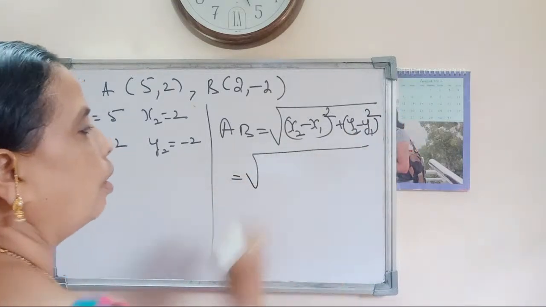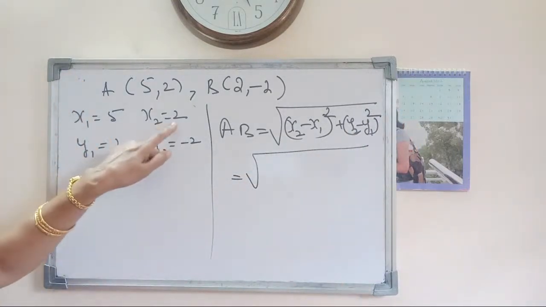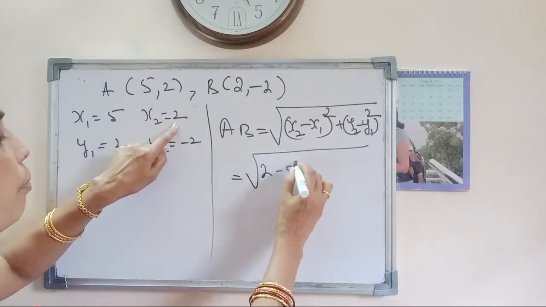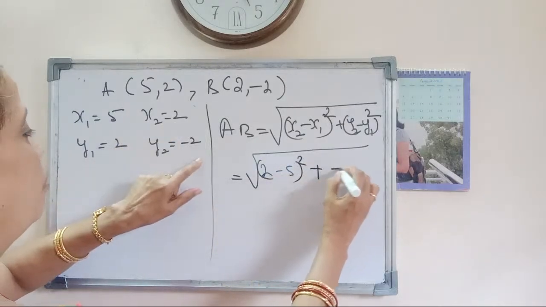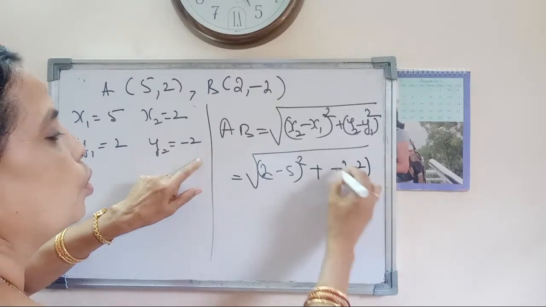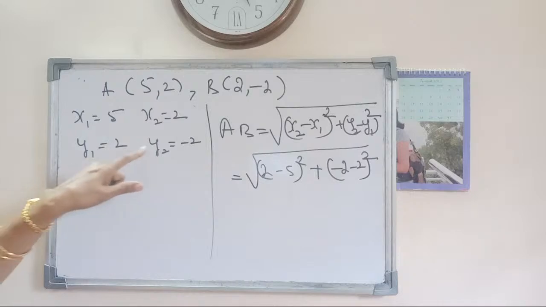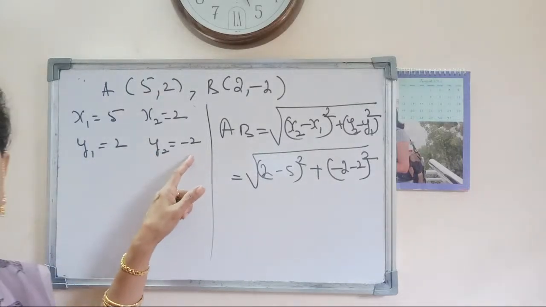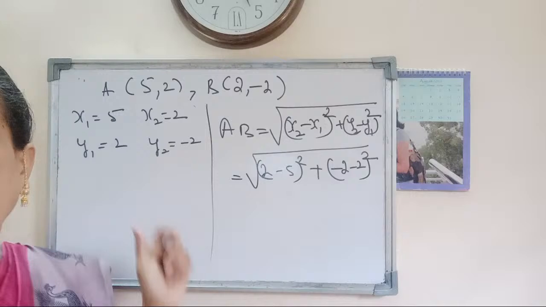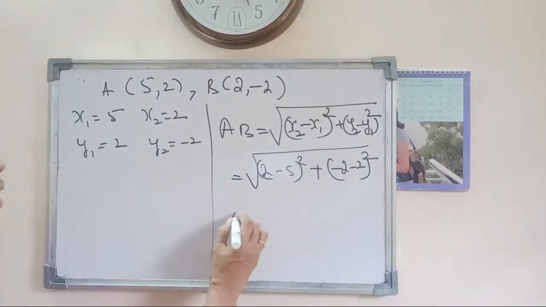It is root of (2 minus 5) whole square plus (minus 2 minus 2) whole square. If there is a negative with a negative, you should multiply. Okay? What will you get?